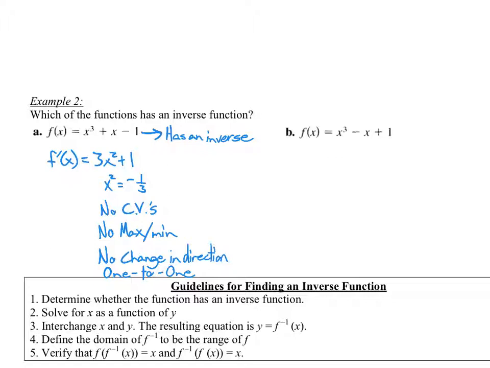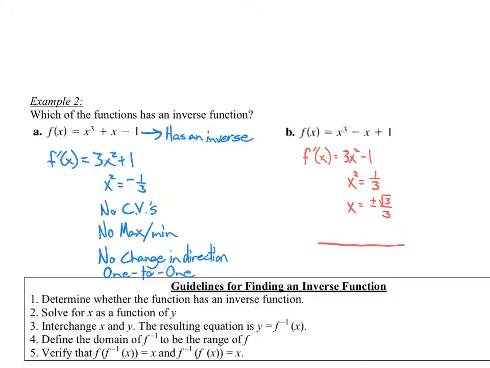Now, on this other one, if we found the derivative, 3x squared minus 1, if we set it equal to 0, then x squared would be positive 1/3, and x would be plus or minus root 3 over 3. Okay?